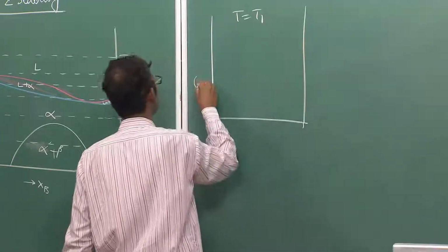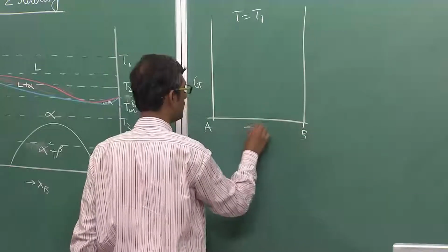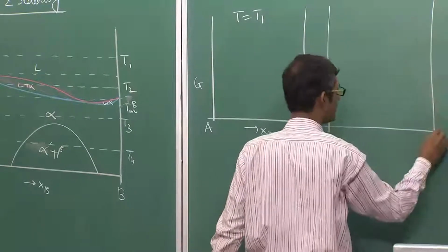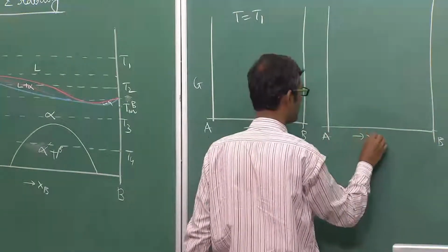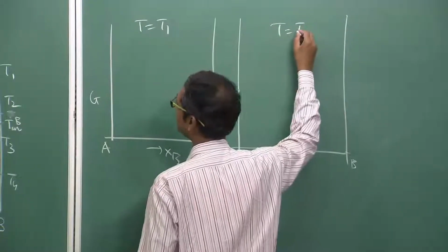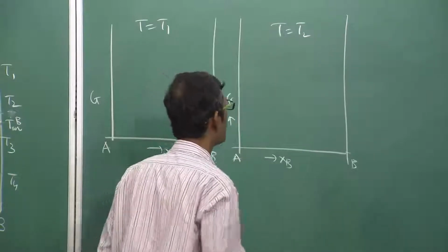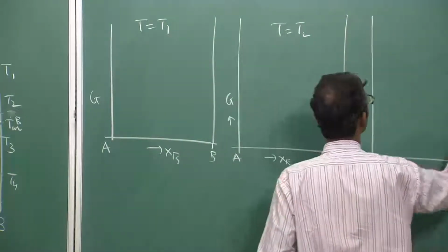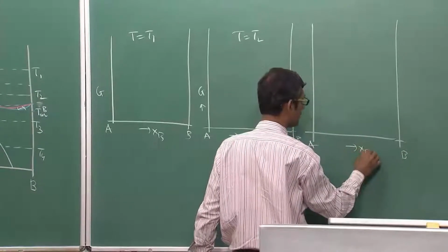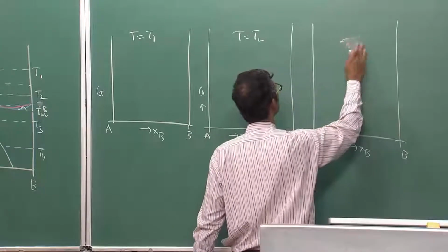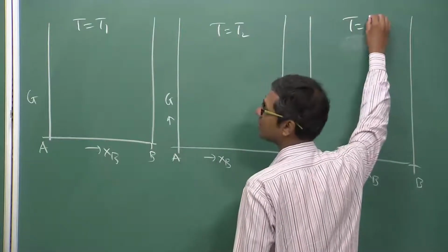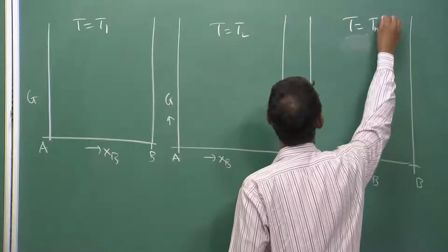This is the G versus composition diagram. This is T equal to TMB, T equal to T2, sorry. TMA I am not going to draw. And on this side is T equal to T3, T2 I have drawn as TMB, sorry.